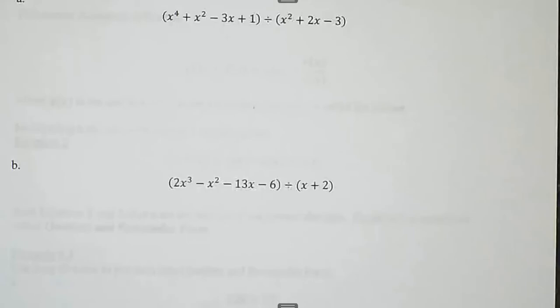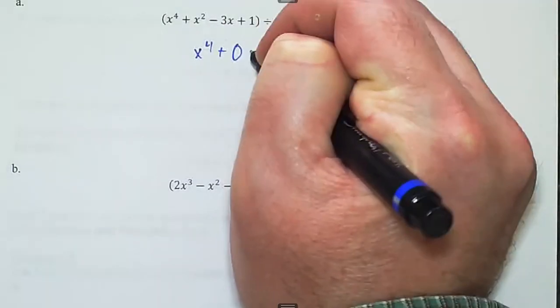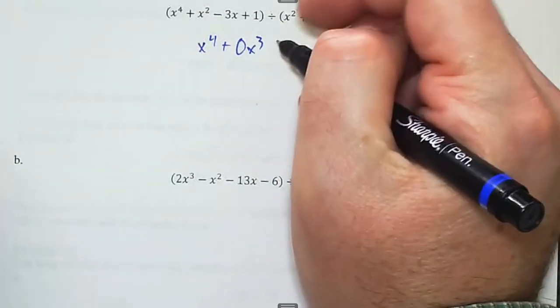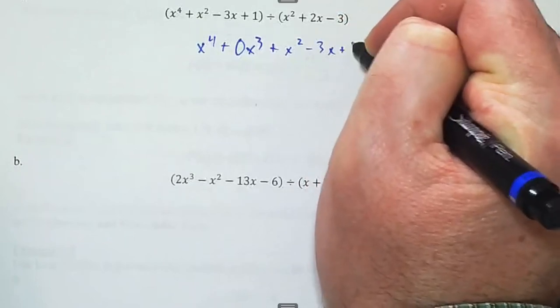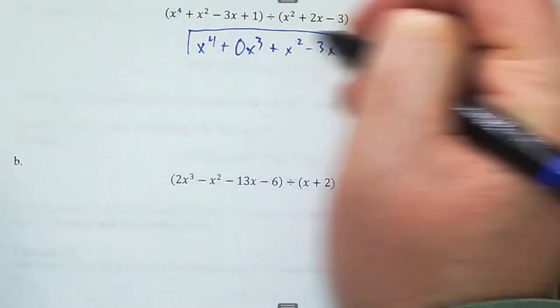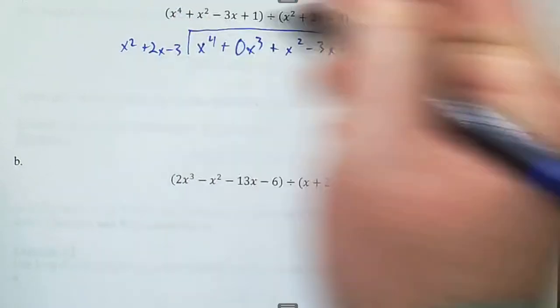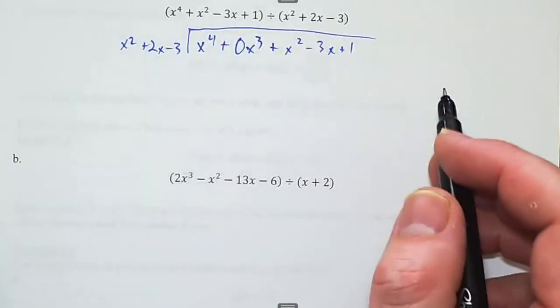Okay, so let's see how this went. On the first one, I am going to make this x to the fourth plus 0x cubed to fill in that missing gap there, and then plus x squared minus 3x plus 1, and then I will divide that by x squared plus 2x minus 3. I didn't give myself a lot of room to write here, did I?